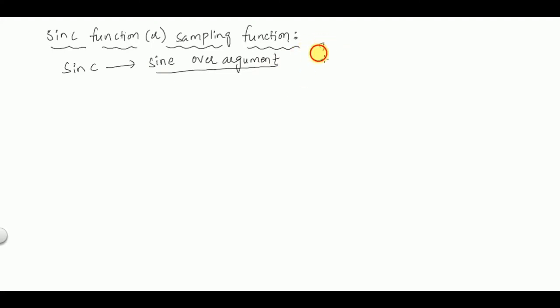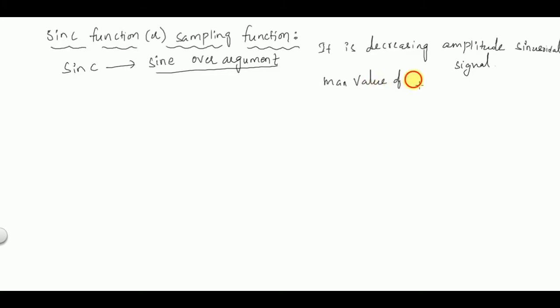It is a decreasing amplitude sinusoidal signal. So the maximum value of the sinc function is obtained at the origin, that is at t is equal to 0.